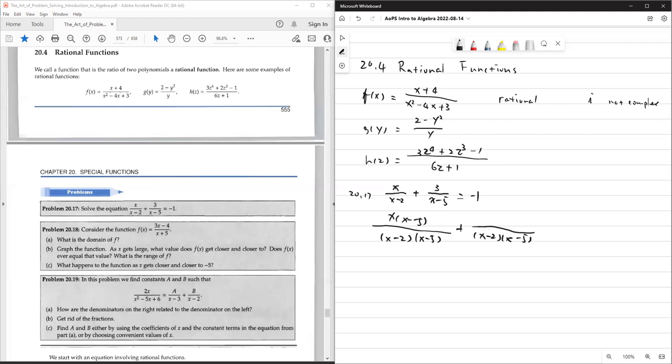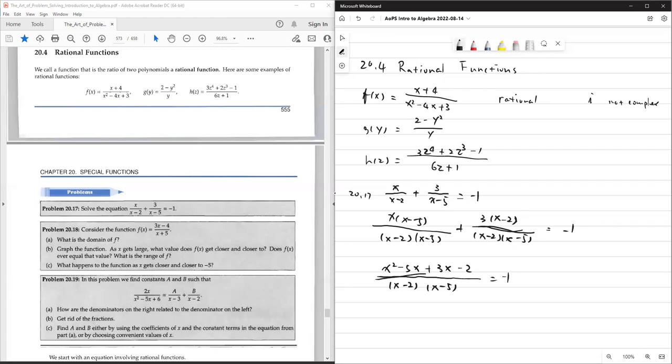Oh, I really can't draw a straight line here. 3x minus 2, okay, equals -1. So we have a common denominator. We have x squared minus 5x plus 3x minus 2 on top, right? At the bottom, it's the same thing. God, I really can't draw a straight line. X minus 2, x minus 5 equals -1.